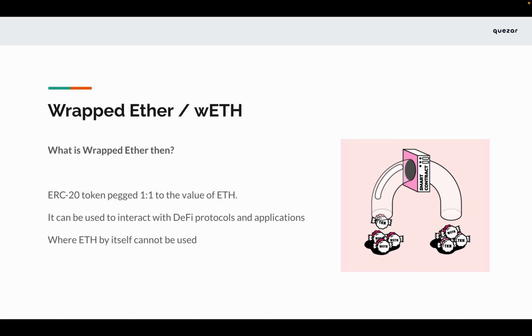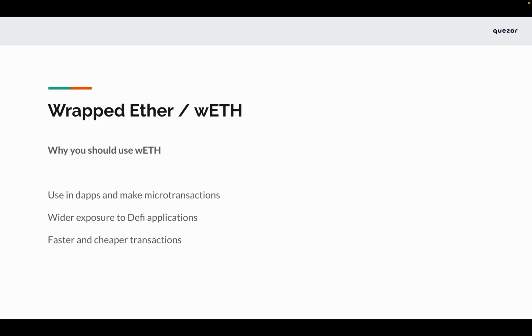And the value of this token is pegged one to one to the value of ETH. That means if the value of ETH today is $1,000, then the value of WETH would also be $1,000. And since it's an ERC20 token, it's by default supported by many dApps and DeFi protocols. Now that unlocks many benefits for wrapped ETH because, one, it can now be used in dApps and for making microtransactions.